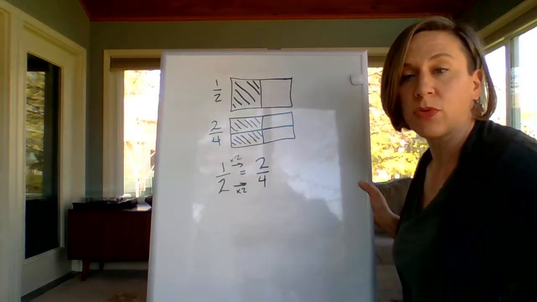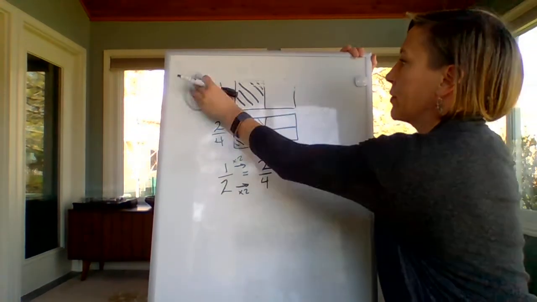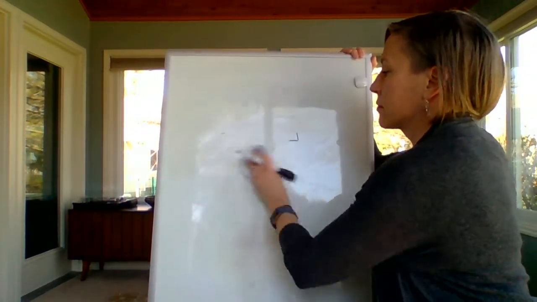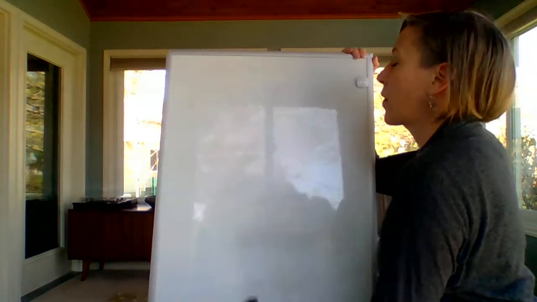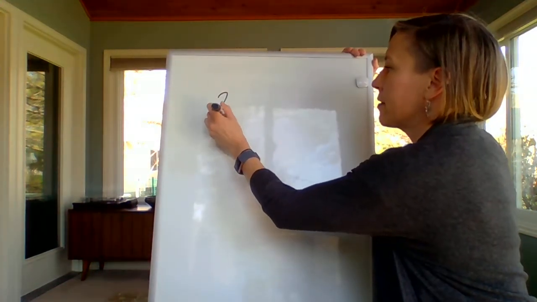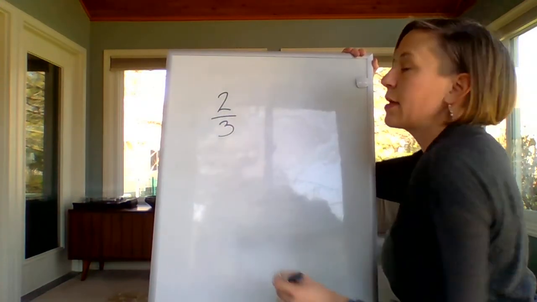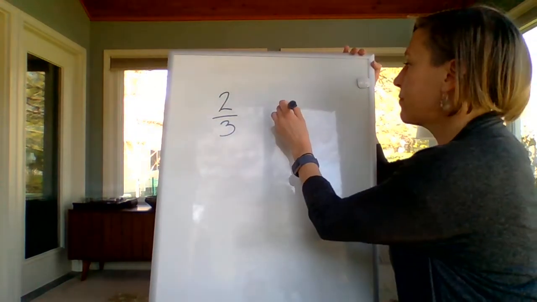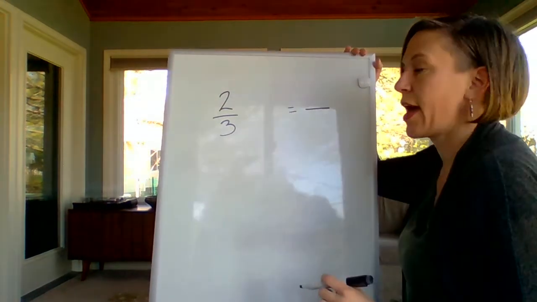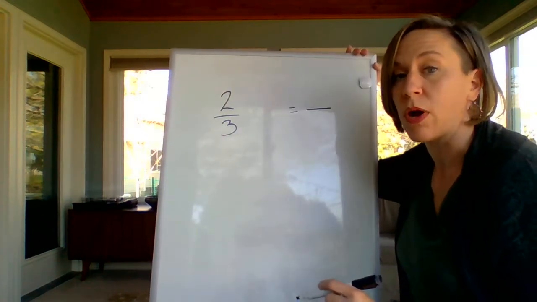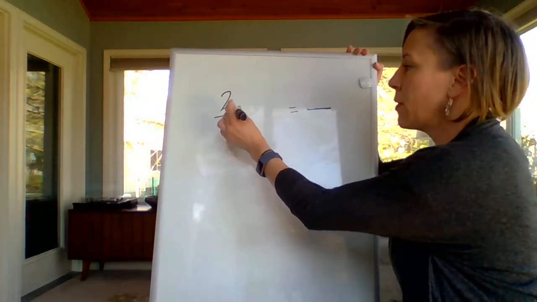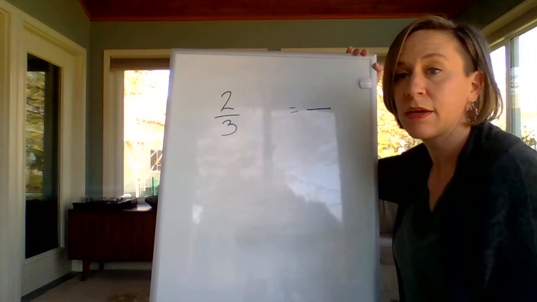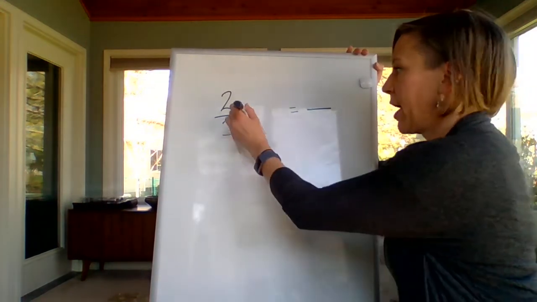So let's take another look at an example. Okay, let's take the fraction 2/3, and we want to create an equivalent fraction to 2/3. If they're not asking you for a specific one, they just want you to make one, then you can multiply 2/3 by any whole number over itself as a fraction.